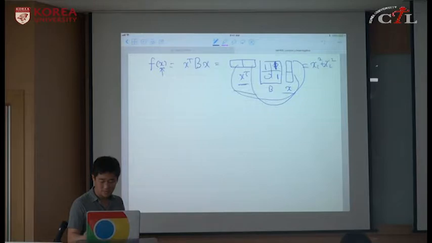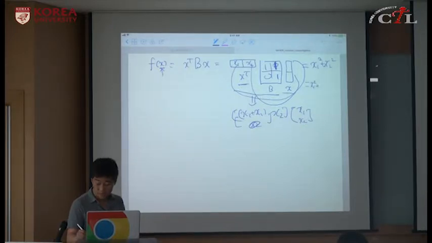In this case, this part will be x1 plus x2 and x2, which is our row vector, and x1 and x2, and then it will be x1 squared and, yeah, we basically multiply this guy with x1 and this guy with x2. And so we additionally have an x1 x2 term.